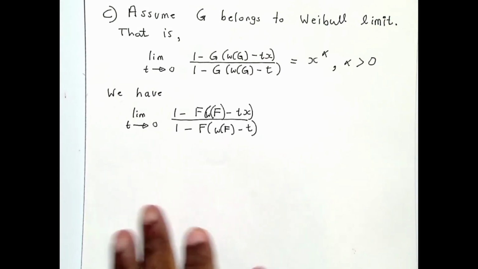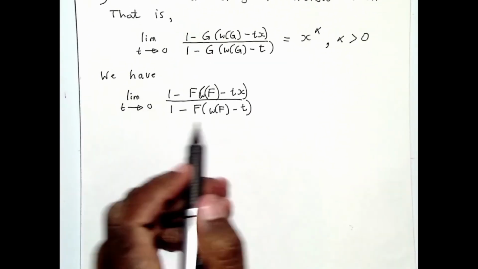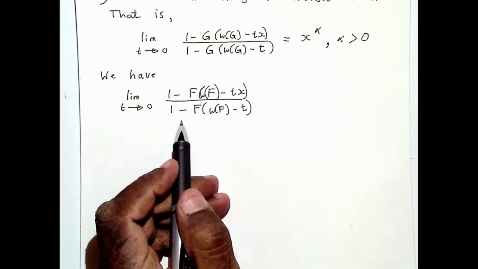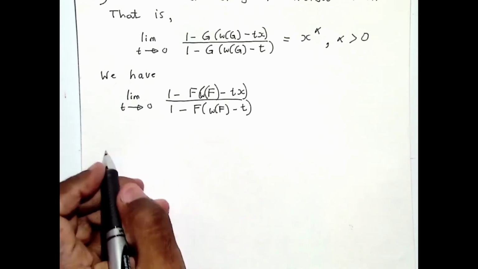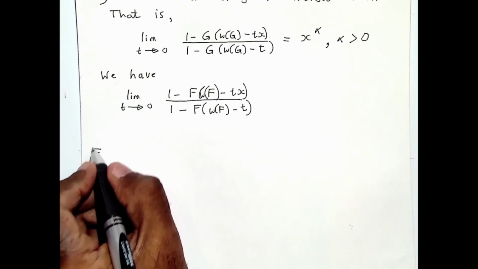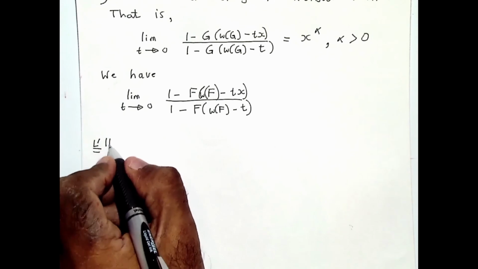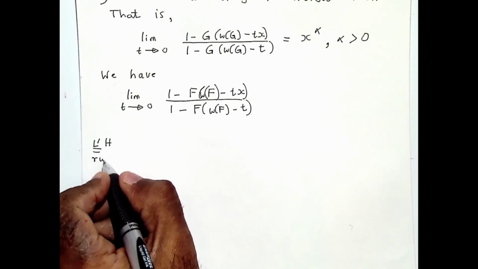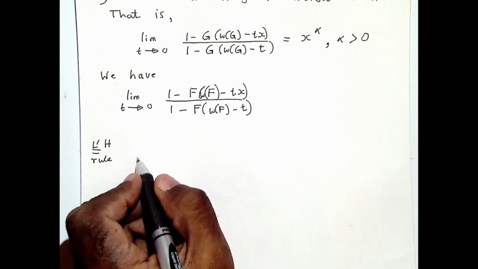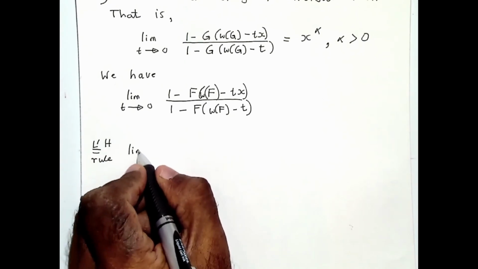Right. Now as t approaches 0, you have 1 minus 1 divided by 1 minus 1, so you can use L'Hopital's rule, and if you do that, this is what you will get.